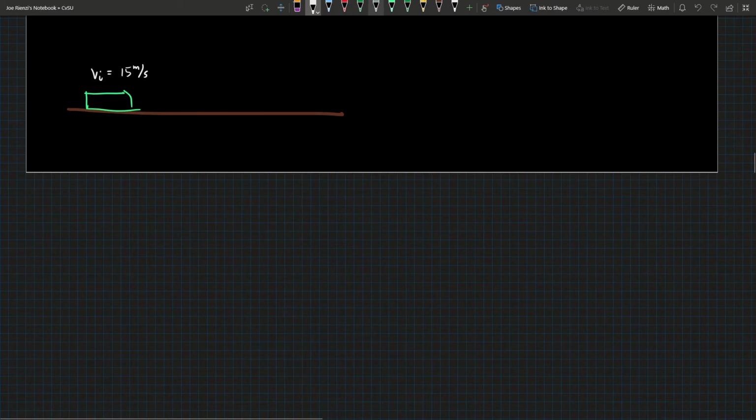And then, at a certain time, nag-travel siya, and then bumagal siya with a specific or at least final velocity. Sorry, mali pala. 35 pala dapat yung initial velocity. This should be 35.